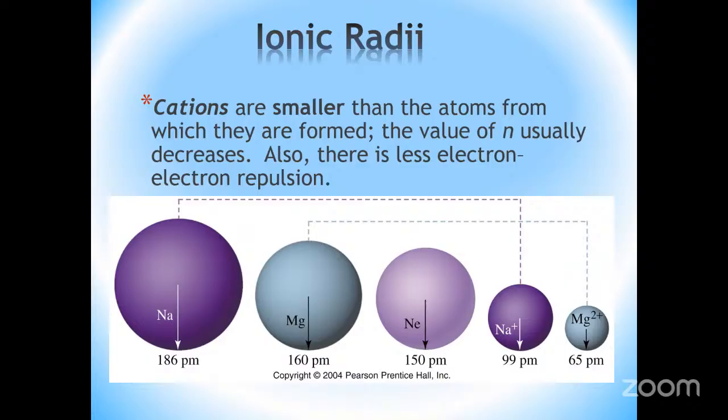Basically, cations are smaller in size compared to the atoms from which they're formed. The reason is there's less electron-electron repulsion when you remove an electron or two. The nucleus will have a greater hold and pull on the remaining electrons, and therefore the ion will be of a smaller size. All right, so that's as far as cations are concerned.